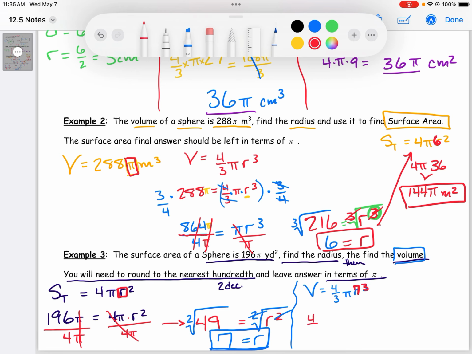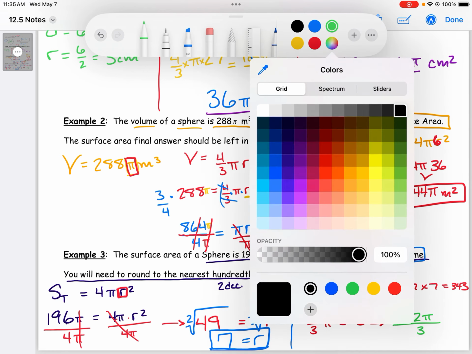It's 7, so I'm going to replace that with a 7. 4/3 times pi. 7 cubed is 7 times 7 times 7, which is 343. Next, I'm going to keep simplifying. So 343 times 4 is 1372 times pi over 3.